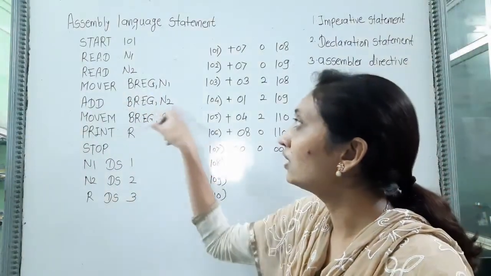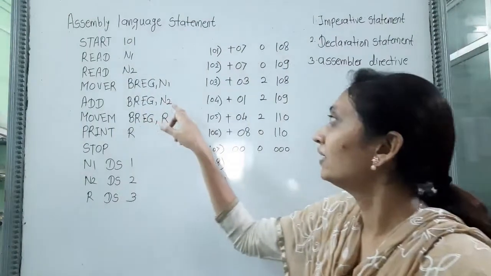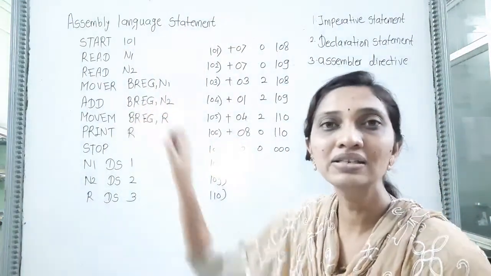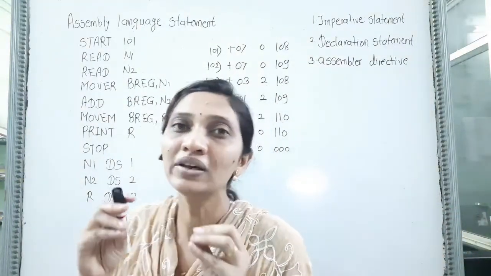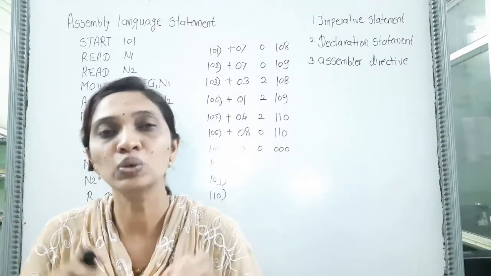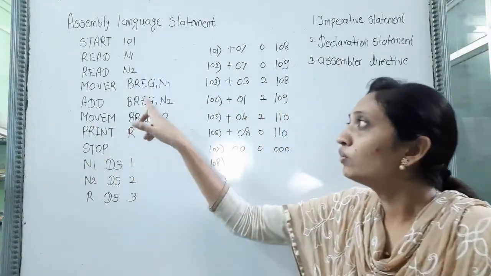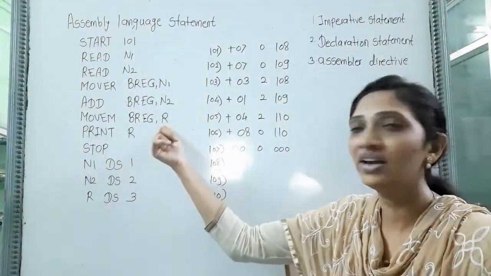The result is again stored in the BREG register, because calculation is always performed in a register and the result is stored in a register itself. Now after that, we want to move that register value, that result, into another variable R.